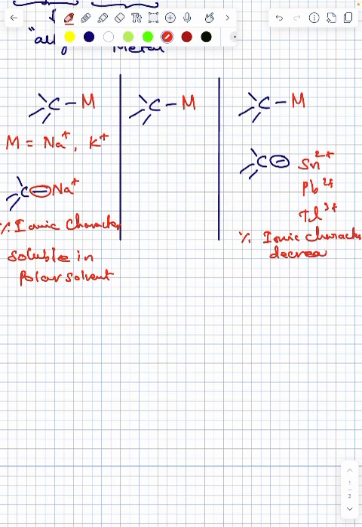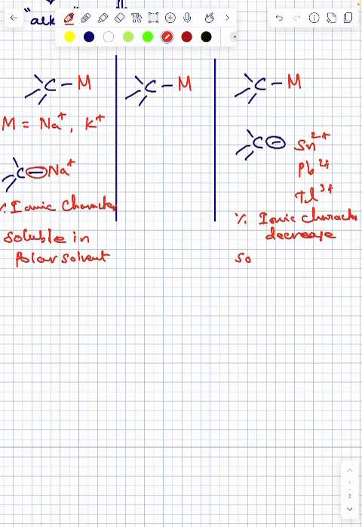You know very well, if the percentage of ionic character increases, obviously the covalent character decreases. If the covalent character is more, that particular compound can easily dissolve in a non-polar solvent.